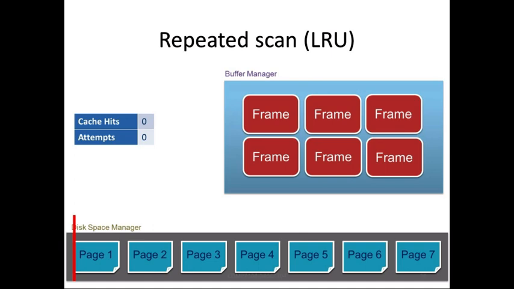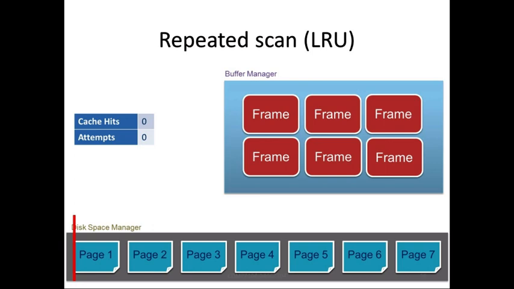And by the way, this is quite a common situation in reality. For instance, when we do nested loop joins, remember that in nested loop joins, we were scanning repeatedly the relation that was the inner branch of the join, right? This may be the situation here.